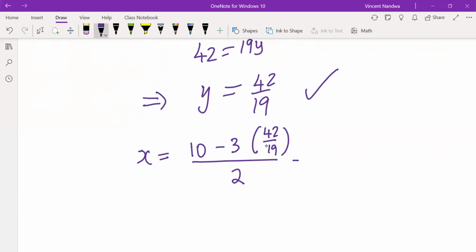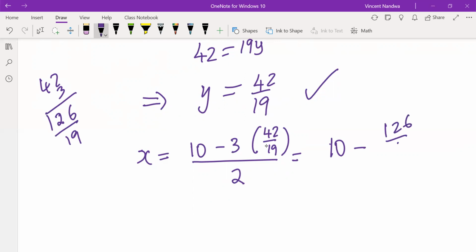So which will give us 10 minus, 42 by 3, so we'll have 126 over 19. So 10 minus 126 over 19.